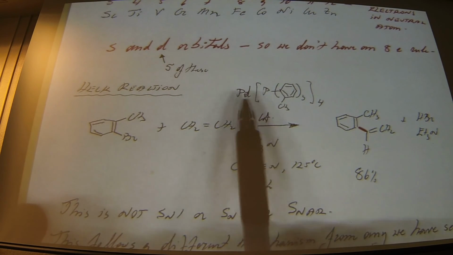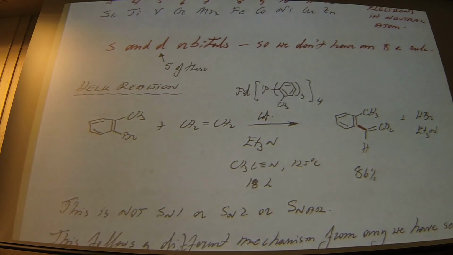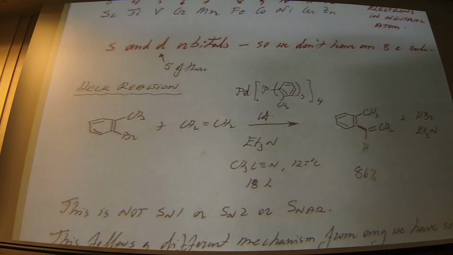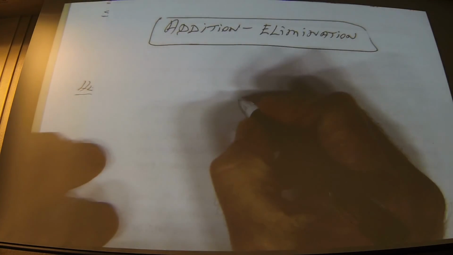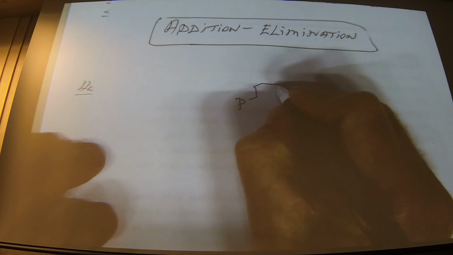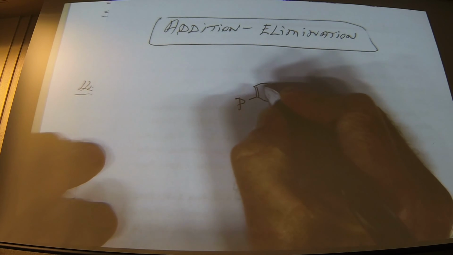Now let's talk a little bit about the palladium. You'll notice that the palladium is associated with 4 of these triarylphosphine groups. Let me draw this out. I've drawn this out in shorthand. This is a big molecule. This would be triphenylphosphine.